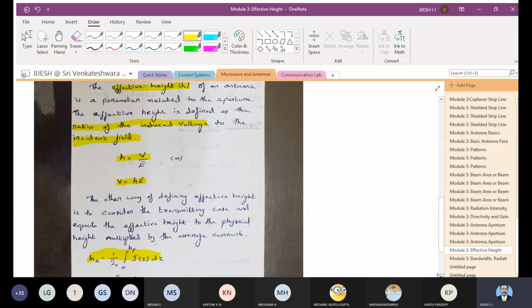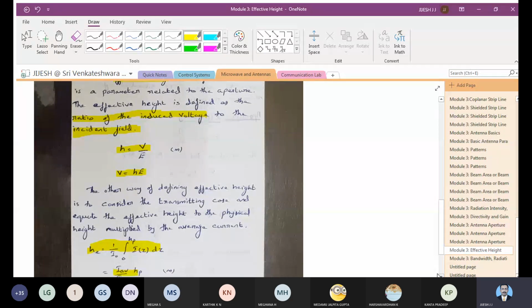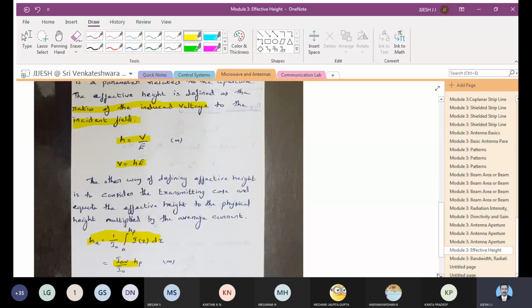So you'll get effective height as H is equal to V by E, or V is equal to HE. You will get effective height in terms of physical height, that is HE is equal to I average divided by I naught into HP.